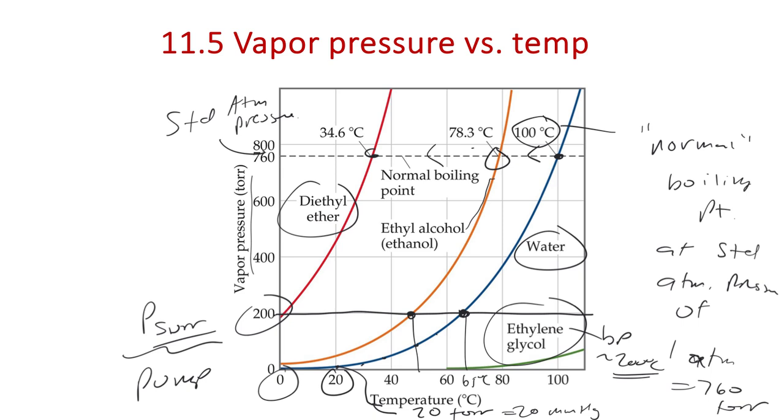Now, a pressure cooker does the opposite. An Instant Pot is a pressure cooker. Maybe it's not built as such, but it's really just a sealed system that can increase its pressure. Because if our surrounding pressure now goes above atmospheric pressure, we then increase the boiling point of water.